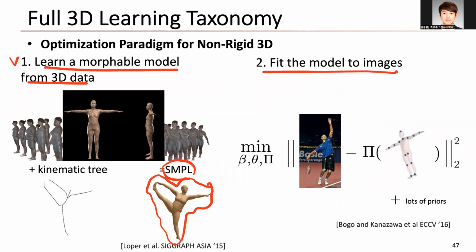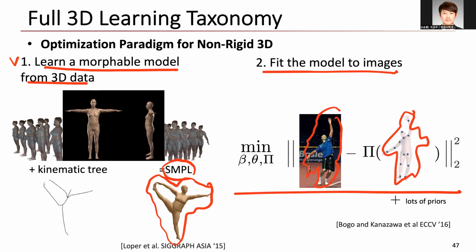So for example, given an image, by adjusting our parametric model and minimizing the distance between these two, we finally find the full 3D model.